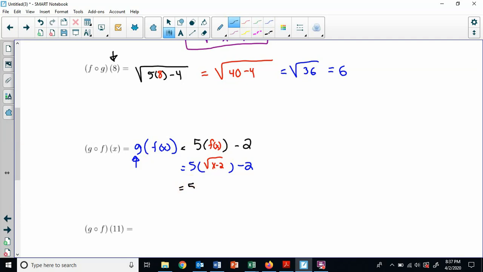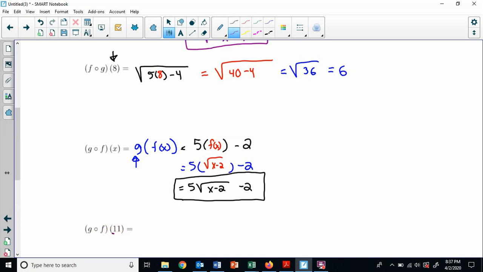Well, this 5's on the outside of the radical. I can't smush it back in. And this 2's outside and this 2's inside, so I can't combine them. So that's all we can do to simplify that one. Really nothing besides just putting it together. Sometimes that happens. It's no big deal. Less work for us.